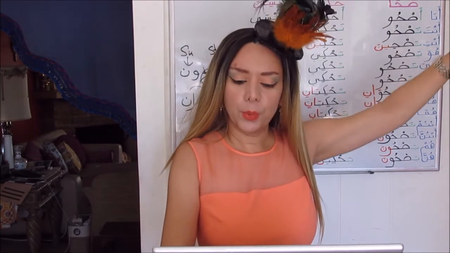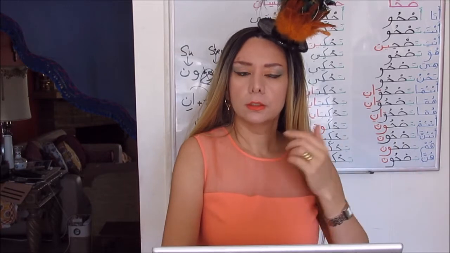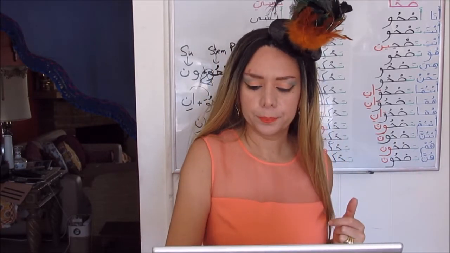Alright, now let your gaze wander over the verb with final radical ya. So we're done with the waw. Alright, it was easy, right? So now we will deal with verbs with a ya as the last radical.